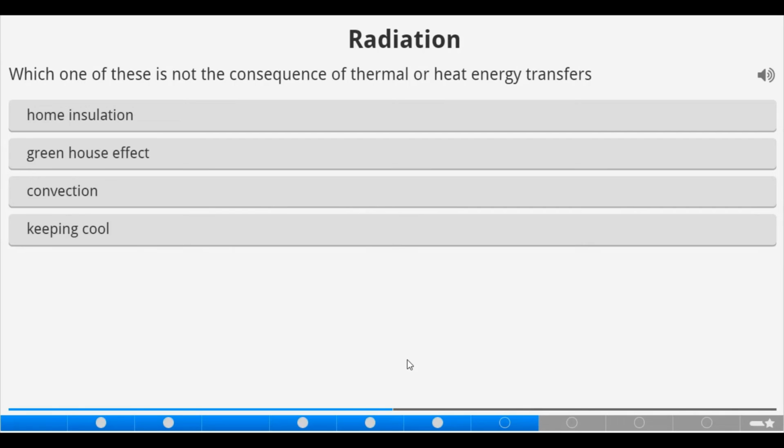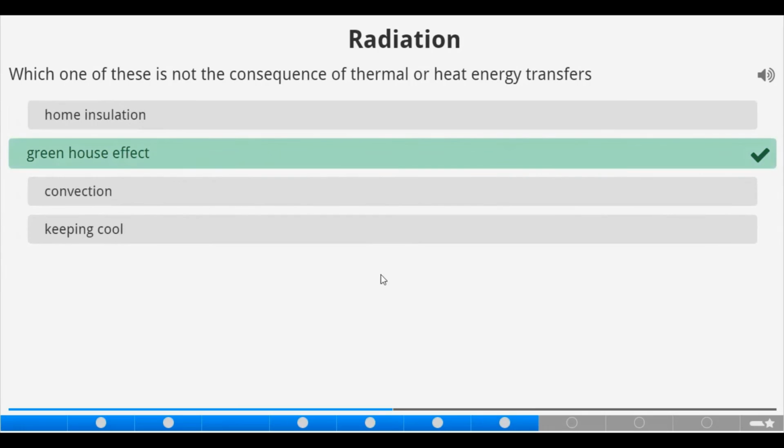Cool air comes in, and hot air leaves the home. Convection also happens when we are keeping cool. We switch on a fan that makes cool air come to us and hot air leave us. So that means our correct answer is the greenhouse effect.